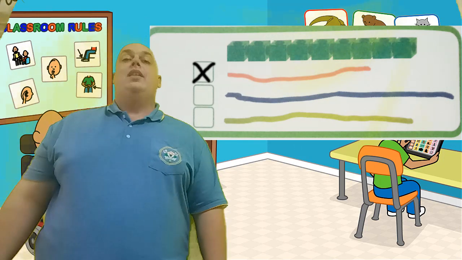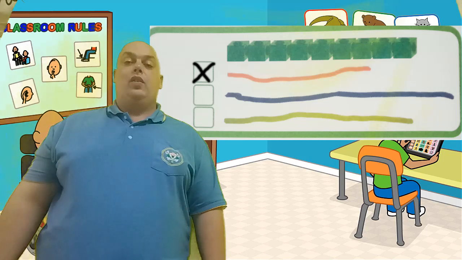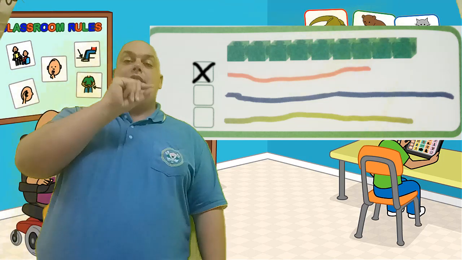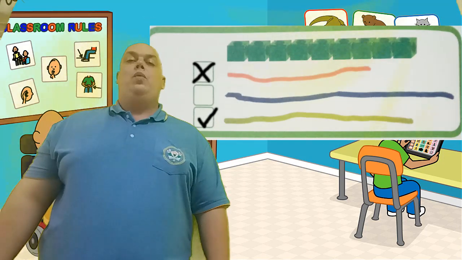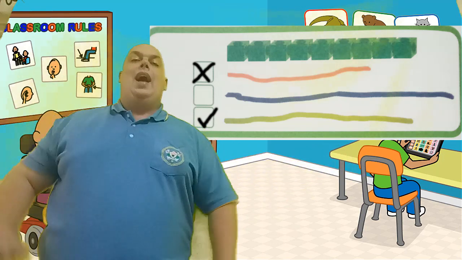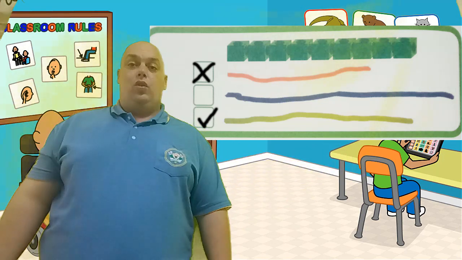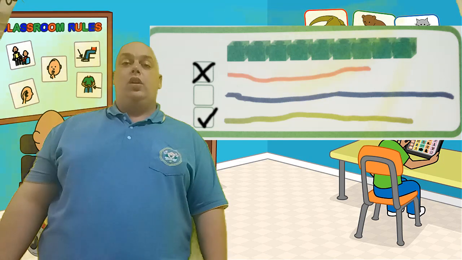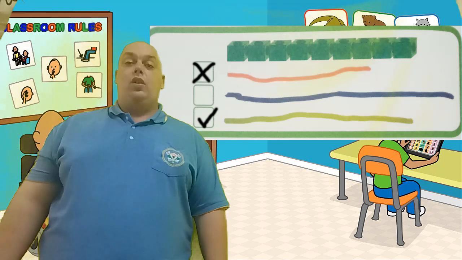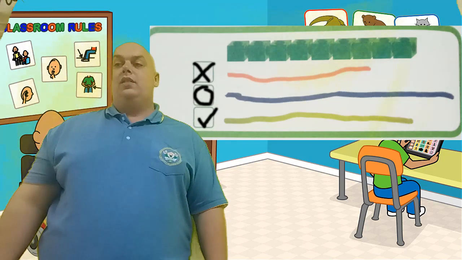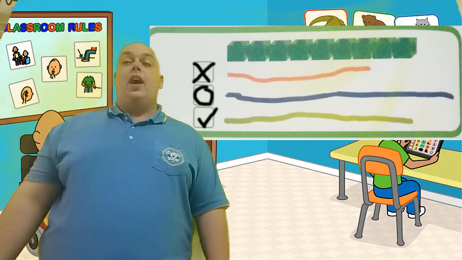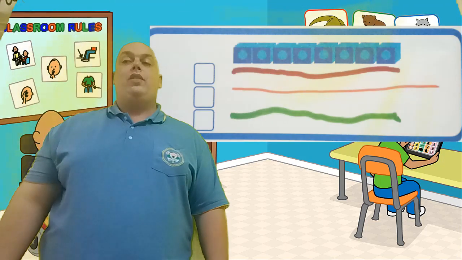Then the one that is the same as the row of blocks, I want you to put a little tick, just like that. And the one that is longer, I want you to put a circle, just like this. Okay, are you ready? Okay, so let's go to the next row of blocks.